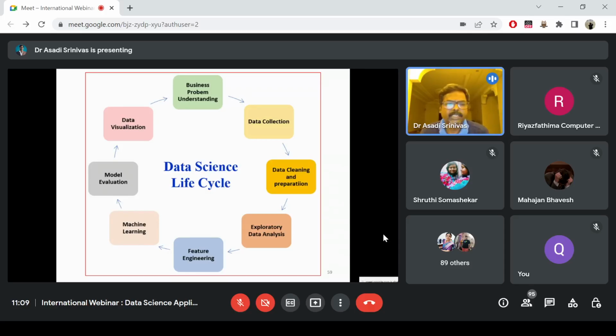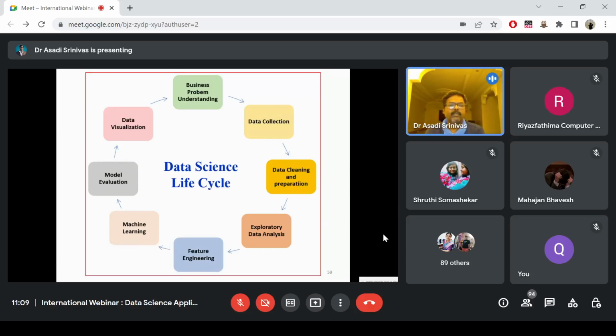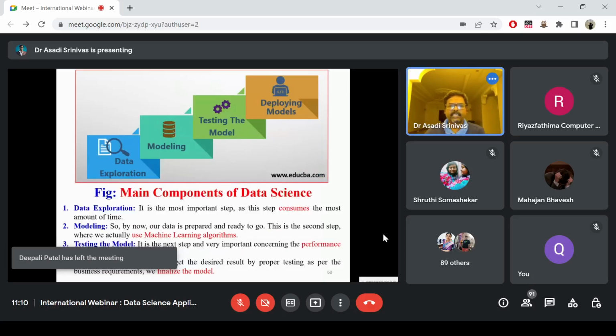Then we are applying machine learning approaches like supervised, unsupervised, and reinforcement learning techniques. Model evaluation. A model is nothing but a simplified version of reality. Data visualization through pie chart, bar chart, with the help of Tableau, MATLAB or Excel. This is the life cycle of data science.